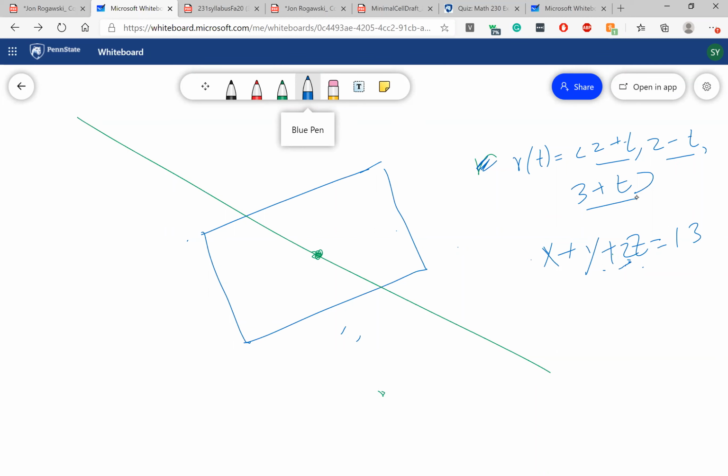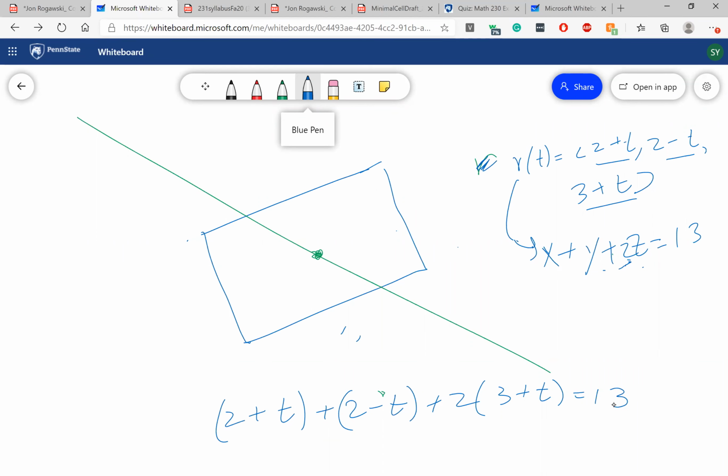So we have 2 plus t times 1, plus 2 minus t, again times 1, plus 2 times 3 plus t is equal to 13.